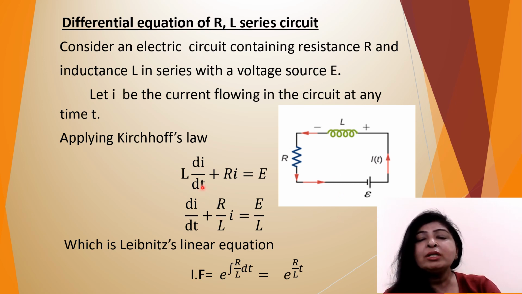Solving this, taking L in the denominator, we get di by dt plus R by L i is equal to E by L.